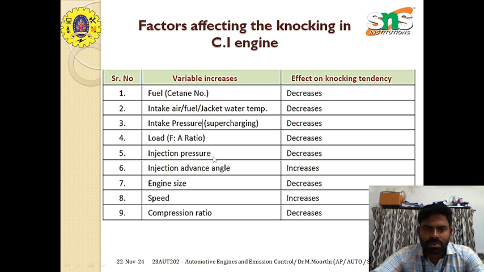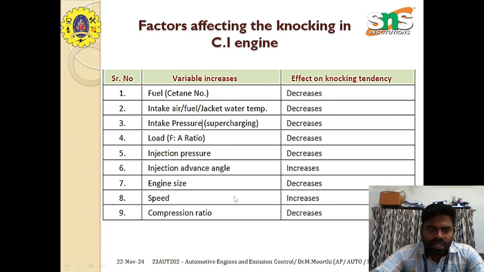Increased injection pressure means reduced knocking tendency. Likewise, an increased injection advance angle increases knocking in a CI engine, so it produces more noise in the combustion chamber. Next is engine size: increased engine size means decreased knock tendency. Similarly, increased speed means increased knock.